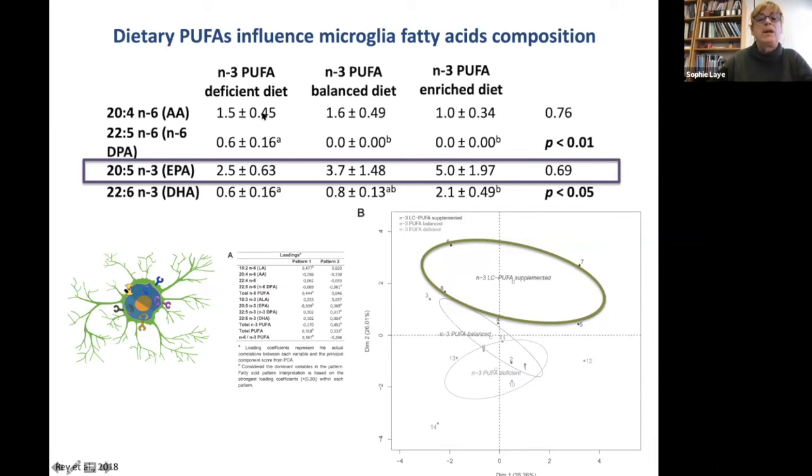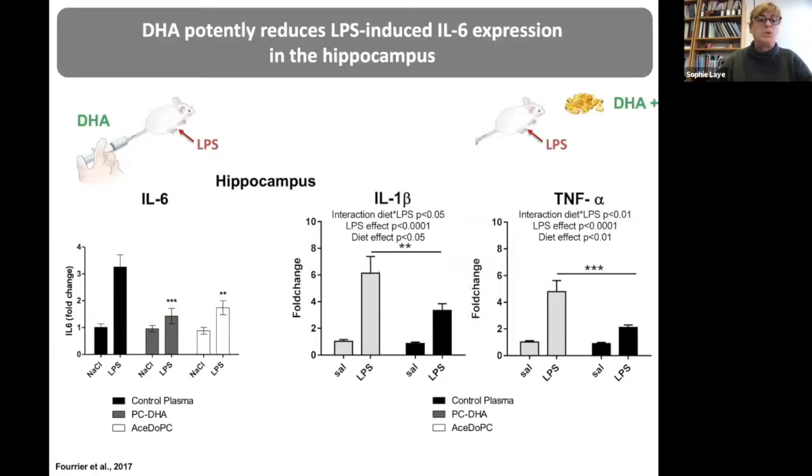On the opposite, arachidonic acid that is present in the membrane of these cells is poorly changed, but DPA, that compensates the changes in DHA, so this is also an omega-6, is present in the membrane at a very low level, but is changed according to the amount of omega-3, so it decreases when omega-3 increases in the diet. So this was really surprising for us, to see that EPA was so important.